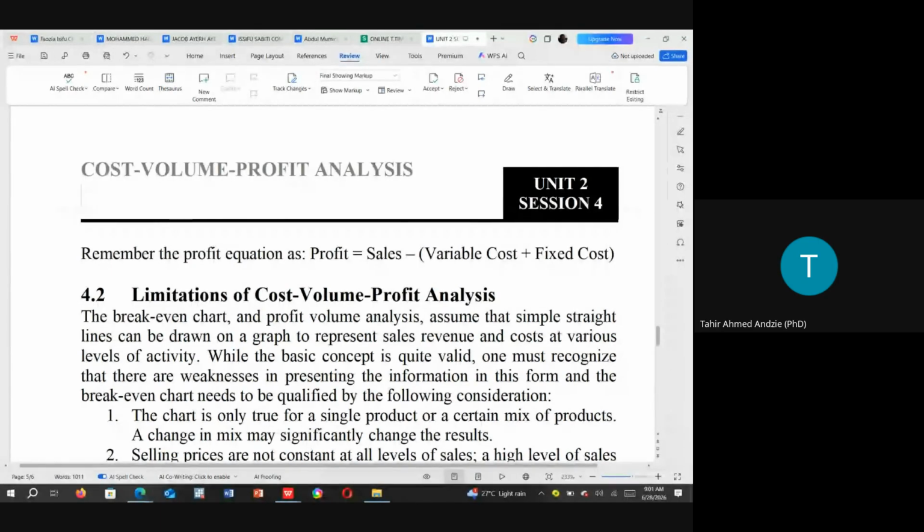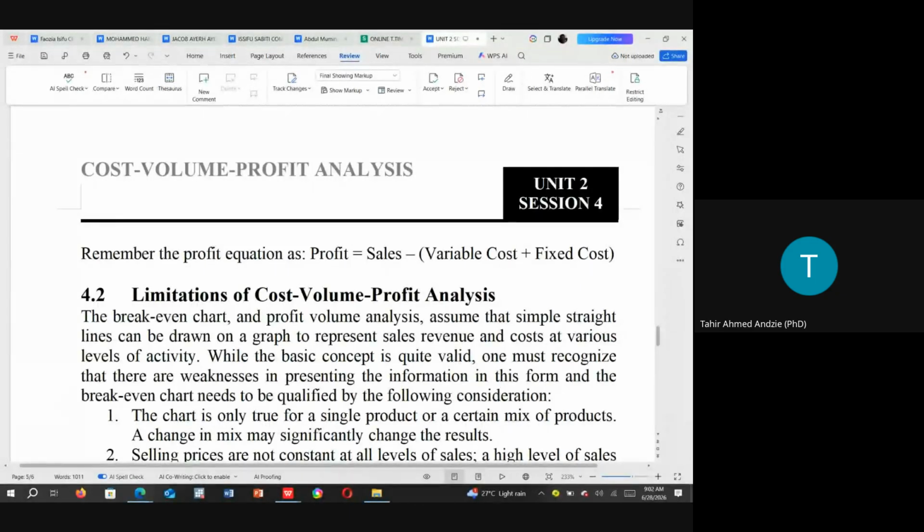So these are the limitations of break-even analysis, right? The break-even chart and profit volume analysis assume that simple straight lines can be drawn on a graph to represent sales revenue and cost at various levels of activity. Yes, because we assume that sales and revenue will behave in a linear fashion.